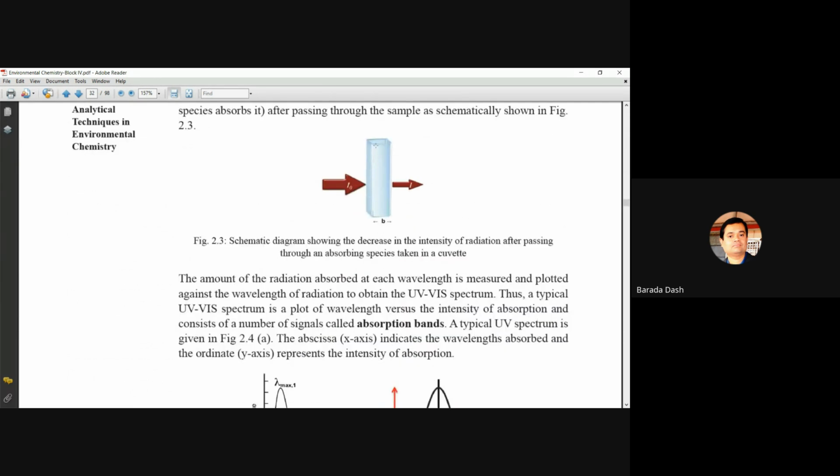This is the cuvette in which you take the analyte or the sample that you want to analyze, solubilize it, keep that in the cuvette and take it for UV analysis.